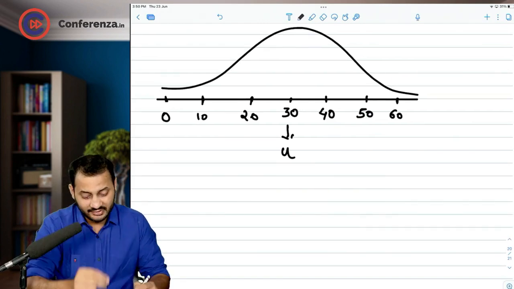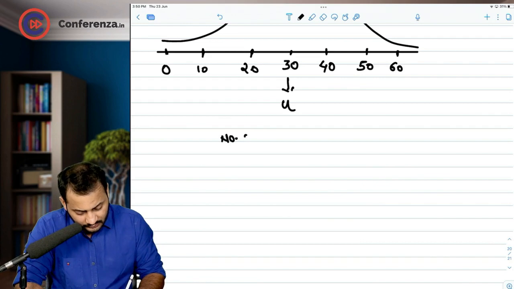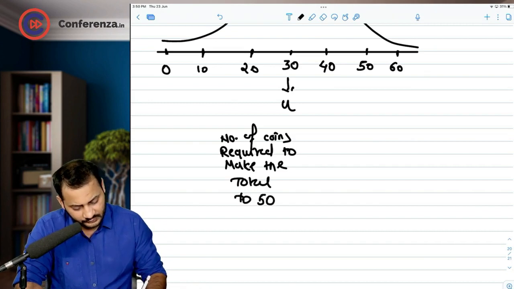So let me take the example and write it down here. Number of coins required to make the total to 50.